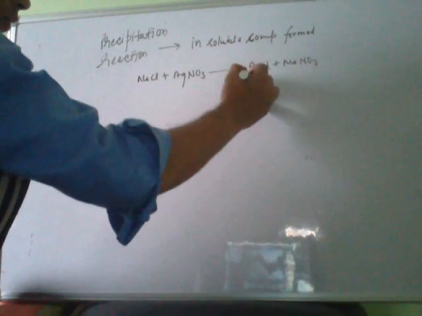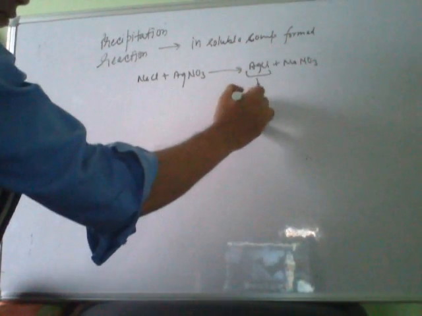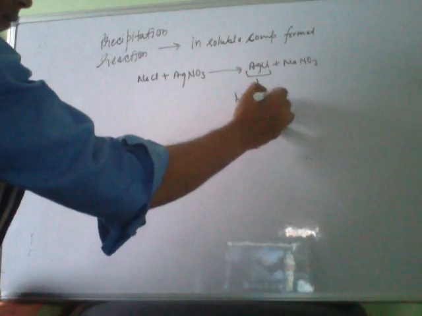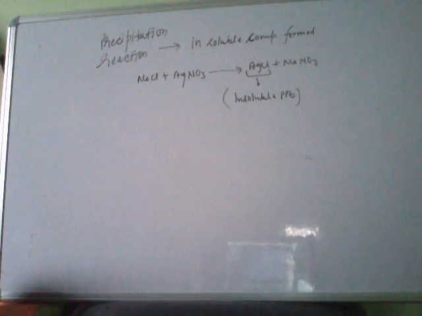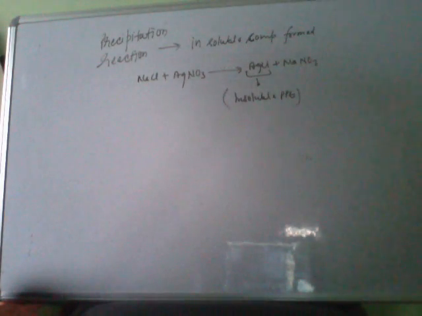This compound AgCl is the insoluble precipitate, right?